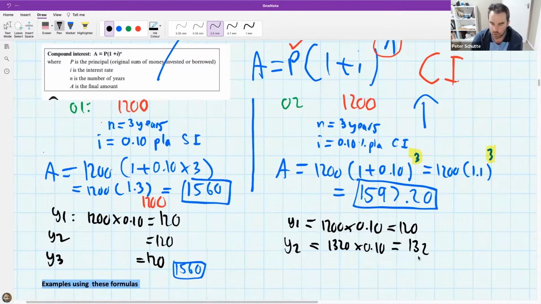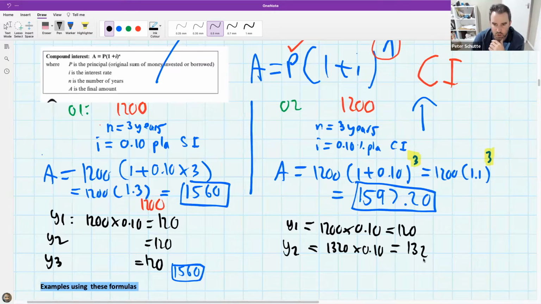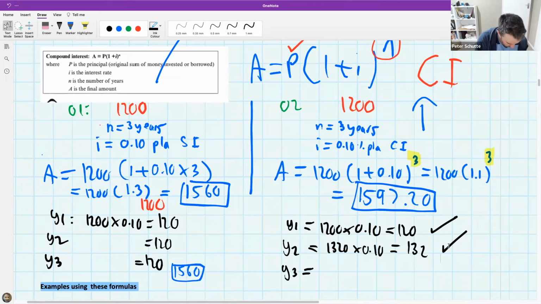And so in year number two, we get 132 Rand's worth of interest. And then in year three, well, what do we get interest on now? Well, now we actually need to go 1,200 plus the first year's interest, which was that, plus the second year's interest. And just to make sure my calculation does make sense, 120 plus.